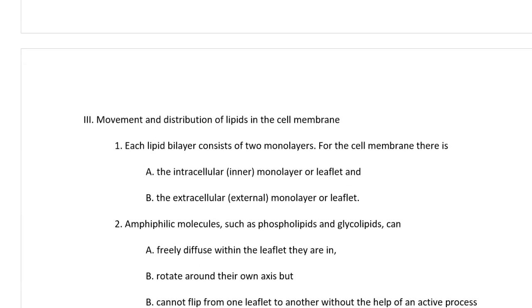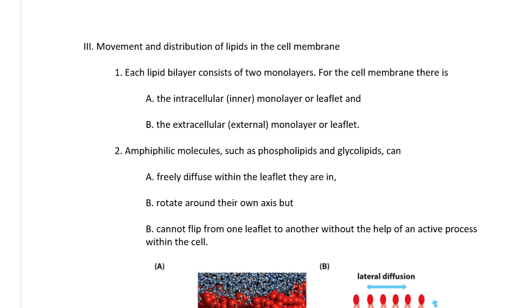Okay, so movement and distribution of lipids in the cell membrane. Each lipid bilayer consists of two monolayers. For the cell membrane, there is the intracellular inner monolayer or leaflet and the extracellular external monolayer or leaflet. Here are my phospholipids forming a bilayer, phospholipid heads that are hydrophilic, and the tail is facing the interior, right?